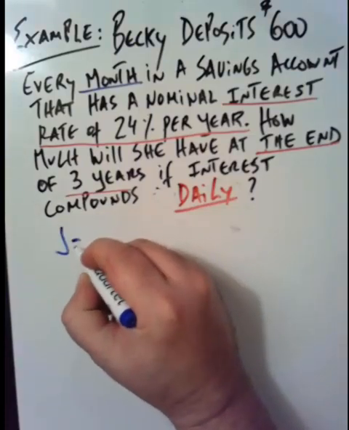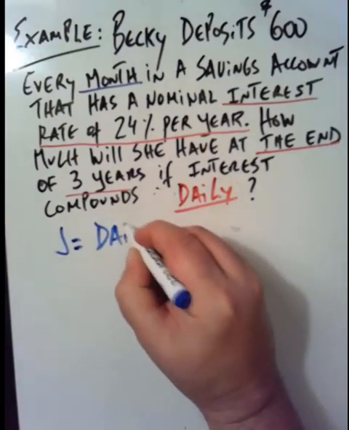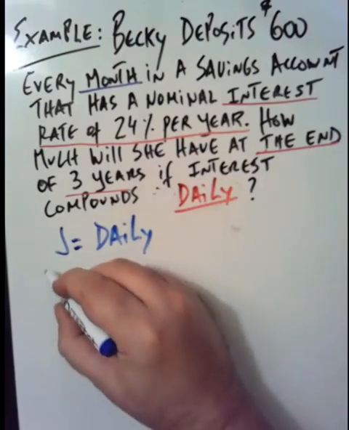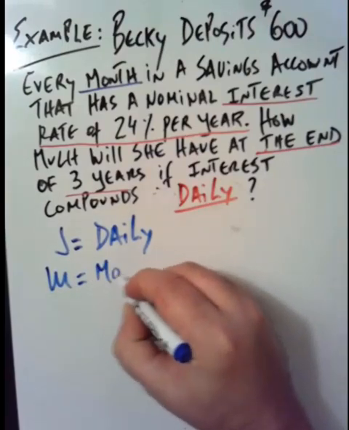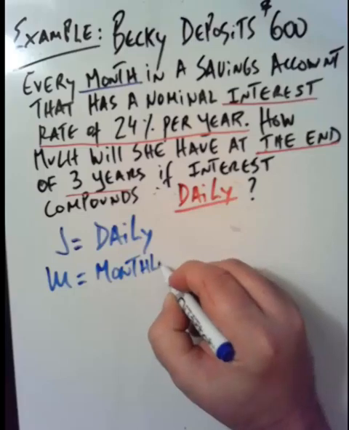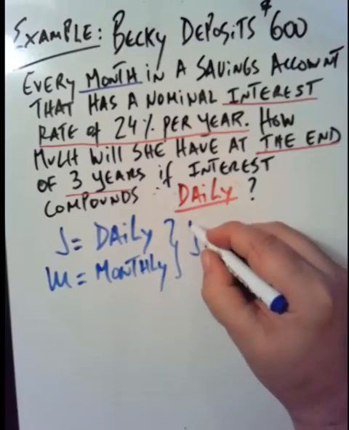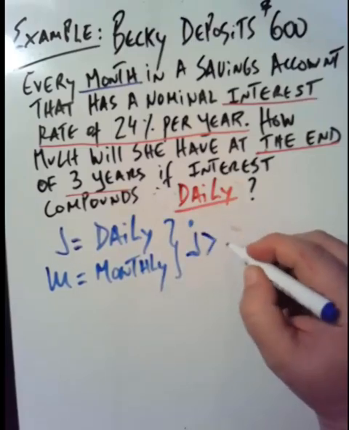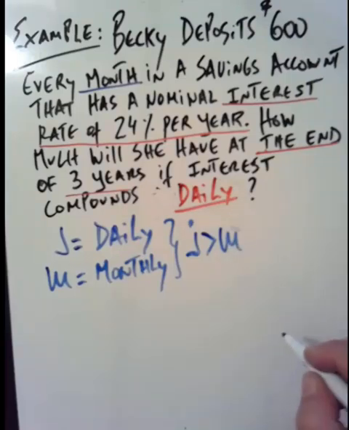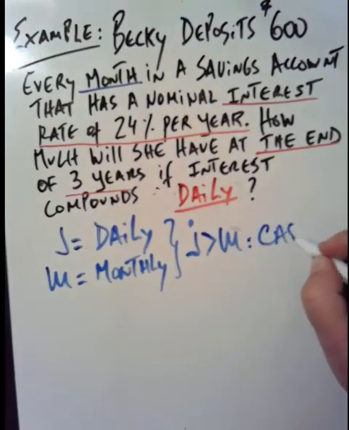So we have j in days this time, and the cash flows remain in months. So the frequency of j is greater than the frequency of the cash flows. So this is what we refer to as a case 2 scenario.